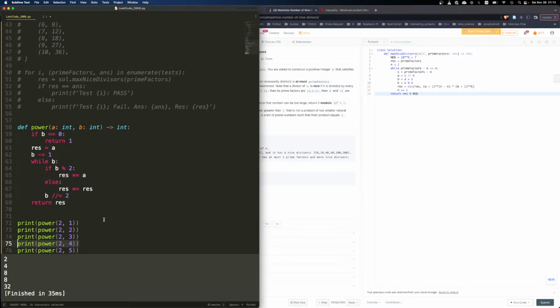So 4. Yeah, 4 starts as a 3, right? And a 3, so res times equal to 2.